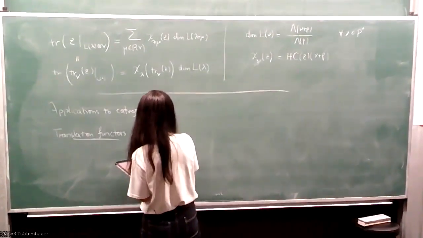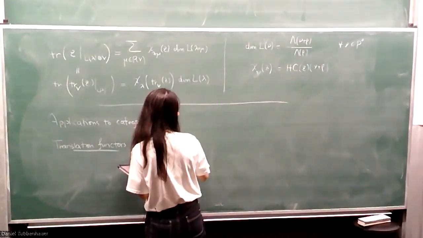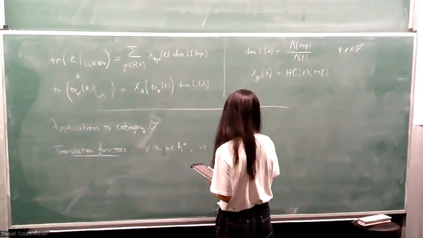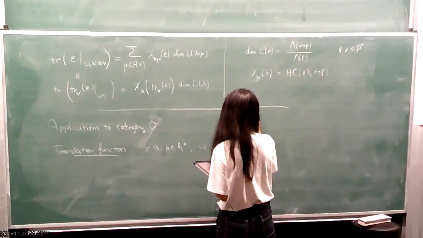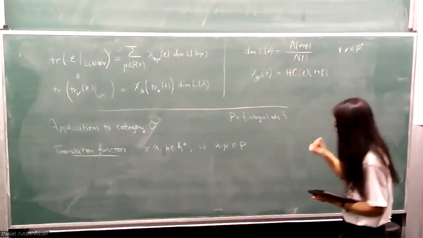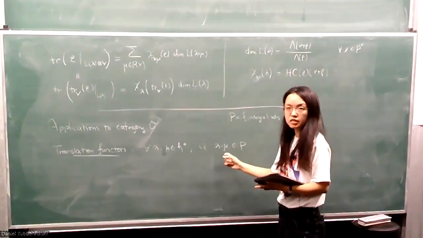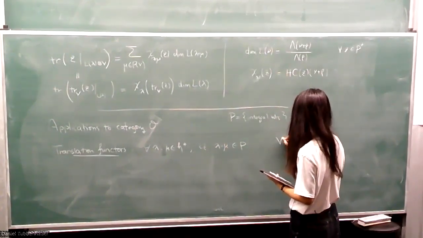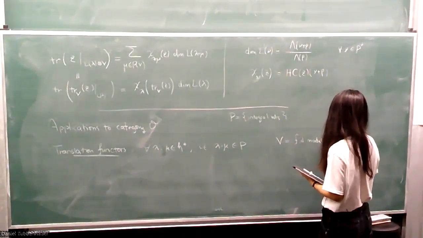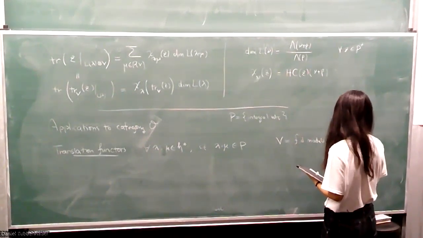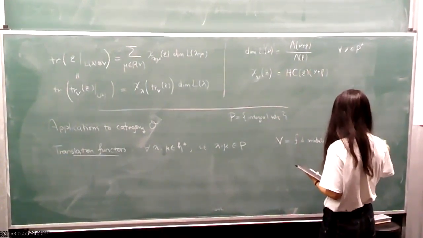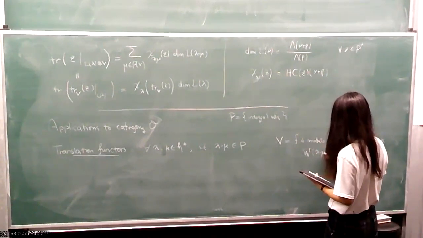Whenever you have two weights lambda and mu such that their difference is an integral weight, we take V to be a finite-dimensional module with extremal weights, just the W orbit of the weight.